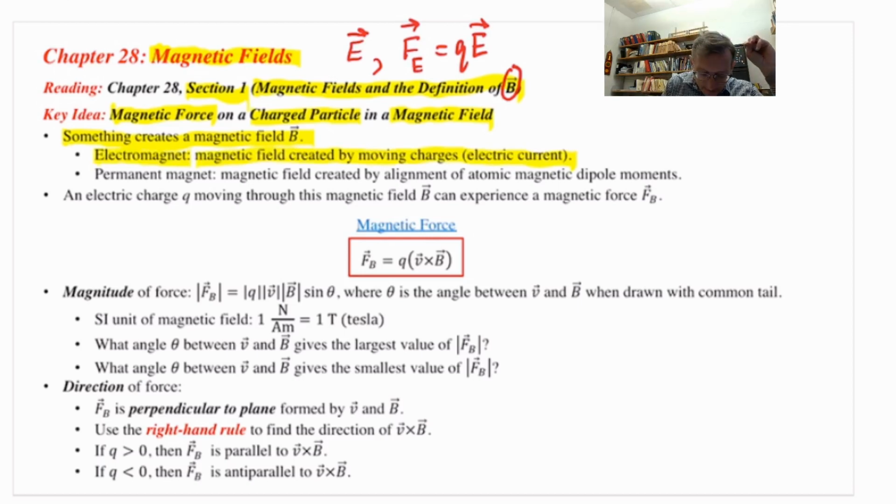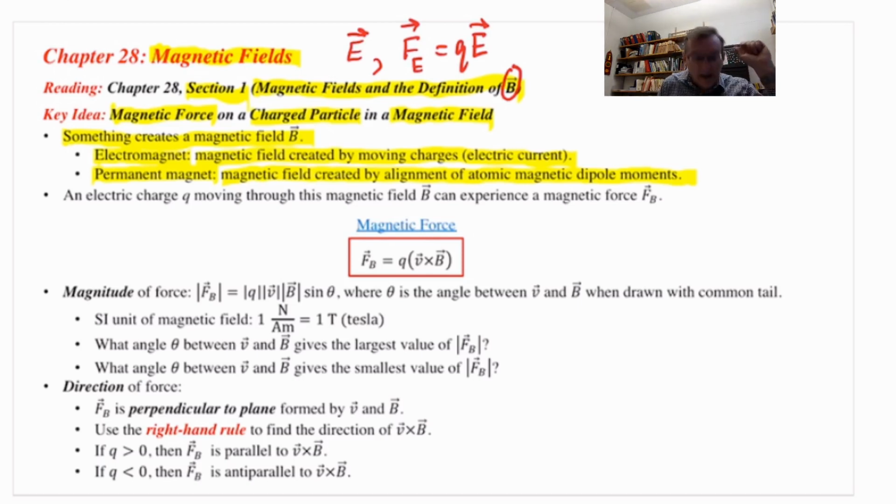Another way is a permanent magnet, and that would be historically how people recognized magnetic fields, as they came across, quite accidentally, something called a permanent magnet. That turns out to be the magnetic field created by the alignment of little tiny atomic magnetic dipole moments. We'll have to learn more about that as we go, but that's what's happening in a permanent magnet, like the kind you put on your refrigerator.